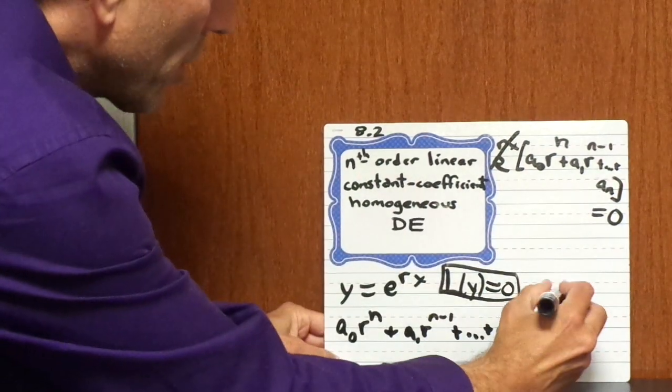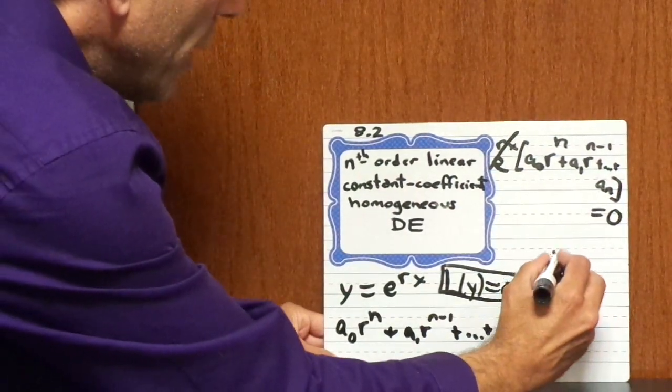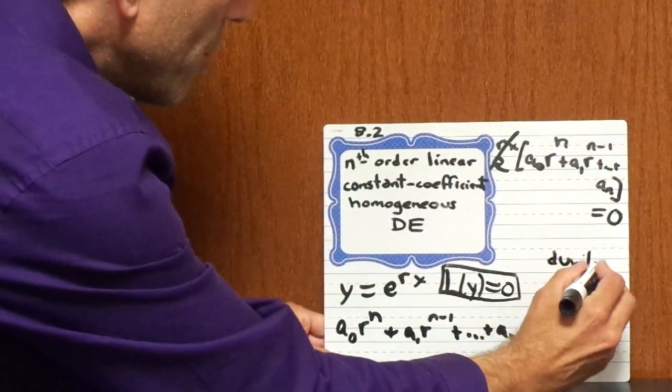This equation is called the auxiliary equation for the differential equation.